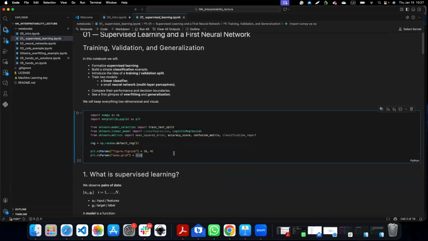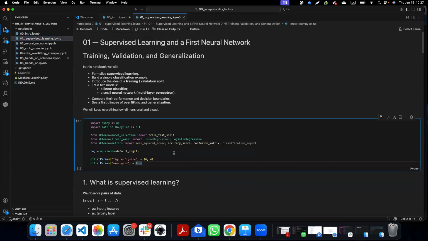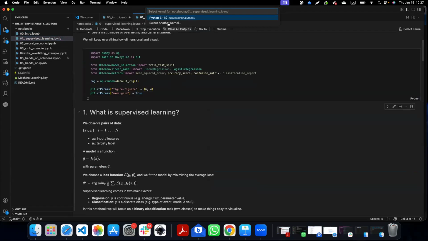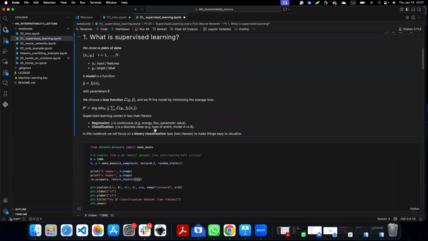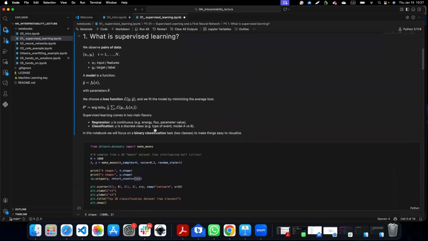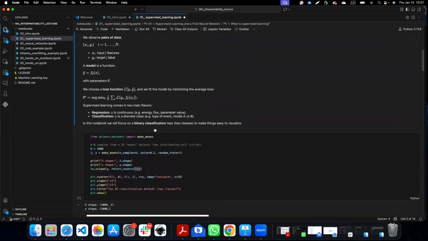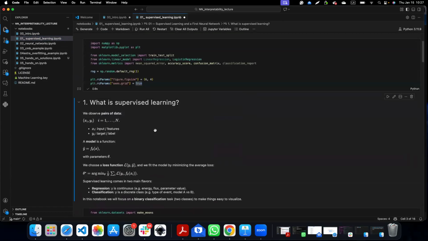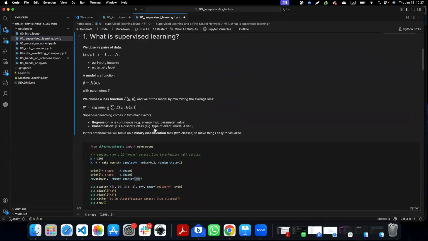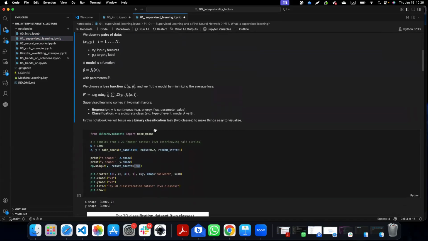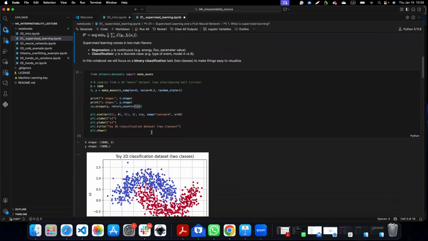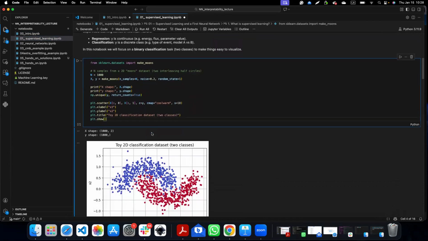Perfect. So again, here we're just going to import the packages. I already told you what supervised learning is, but I just wrote some notes in case you want to study by yourselves. And then, okay, let's get this example.